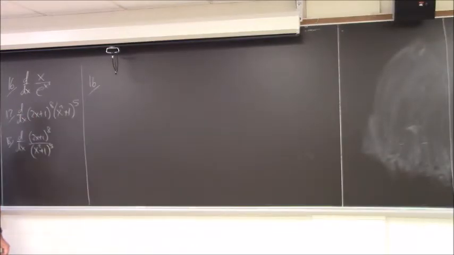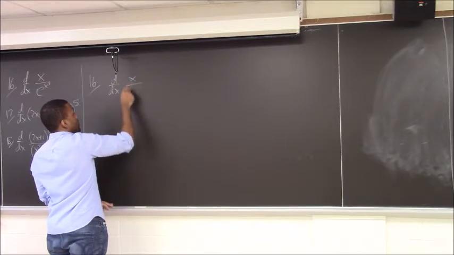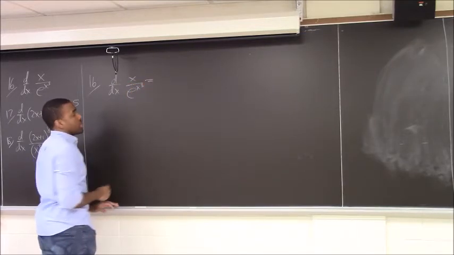Okay, 16, how do we do it? Quotient rule, okay. So the derivative of x over e to the x cubed, what does the quotient rule say?